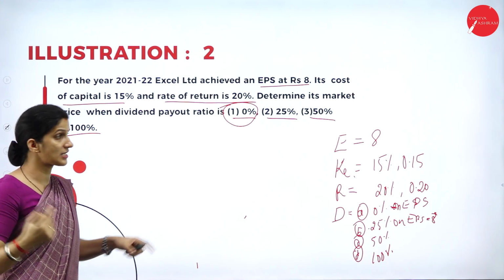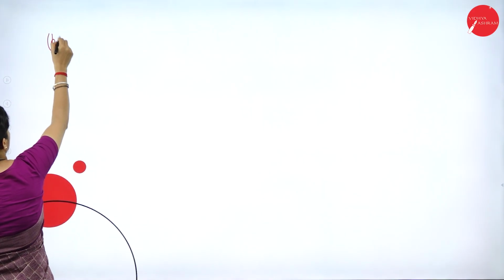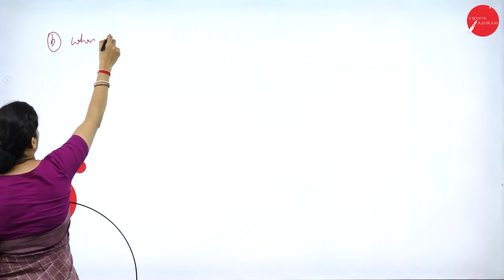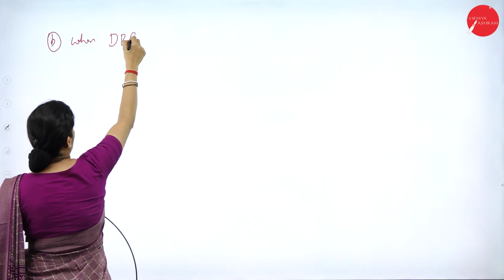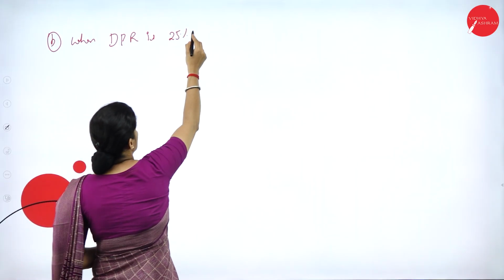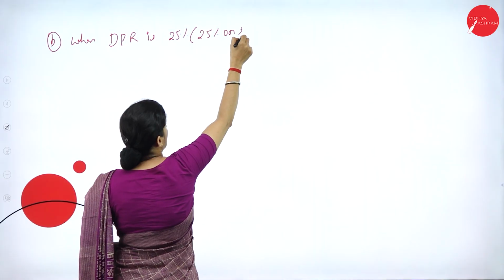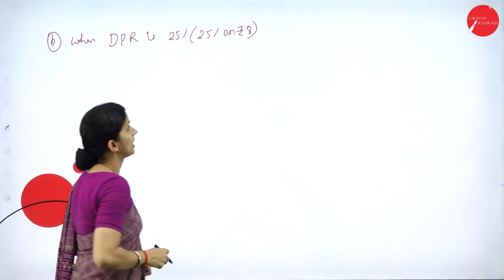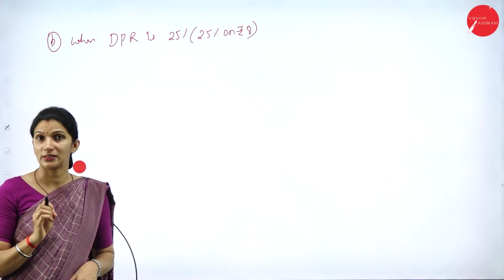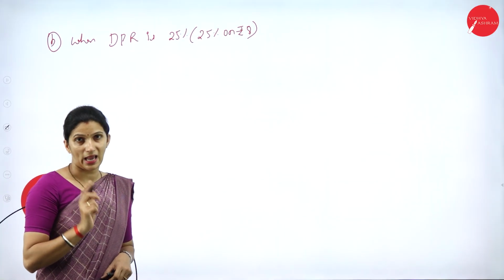Now we'll go for the second situation, B, when the dividend payout ratio is 25%. So that means 25% on EPS, which is rupees 8. So 25% into 8.